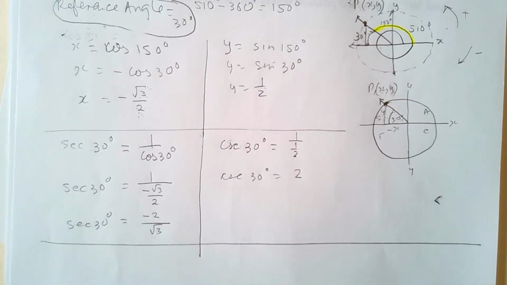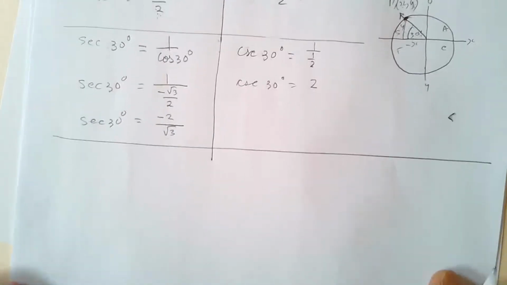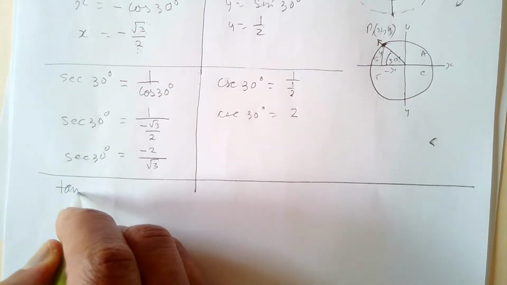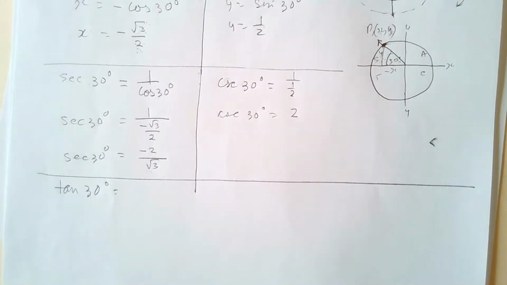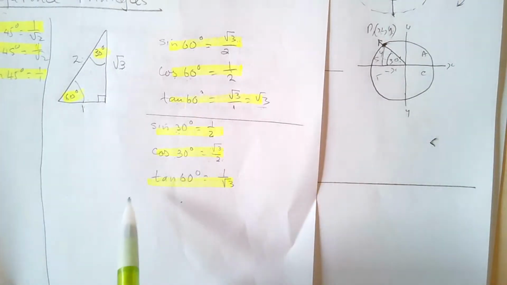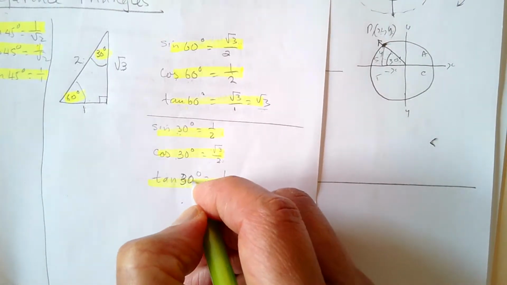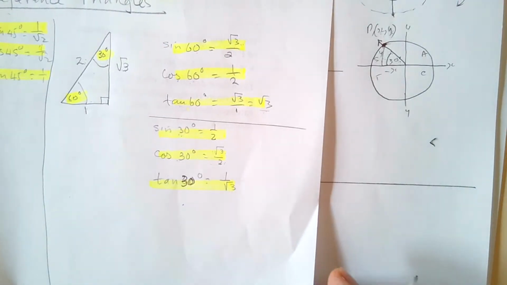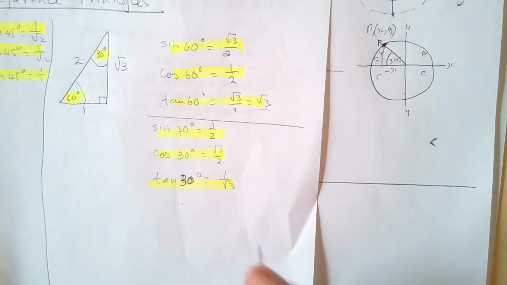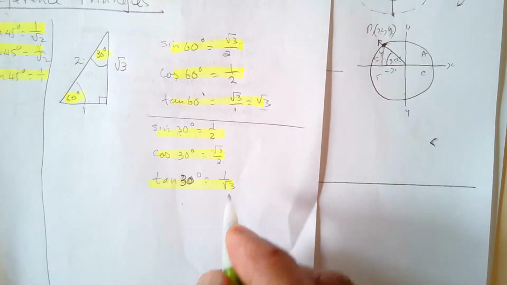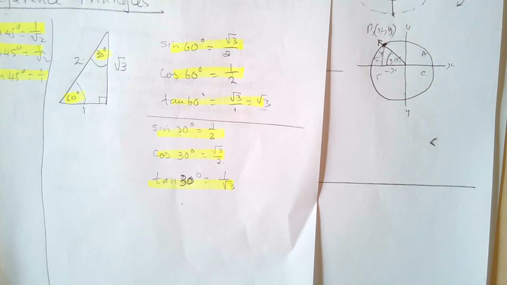And the final one we'll look at is your tangent now. So tan 30 degrees, and we'll go to our trig ratio here. Tan 30 degrees is 1 over root 3.